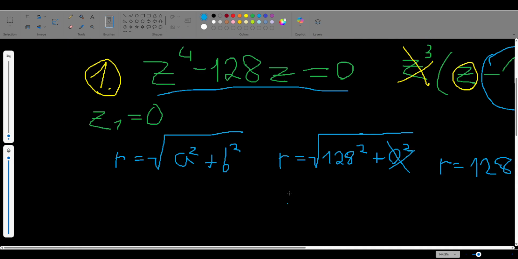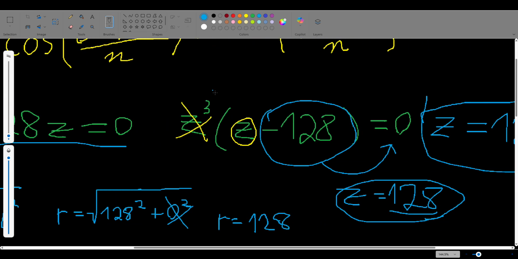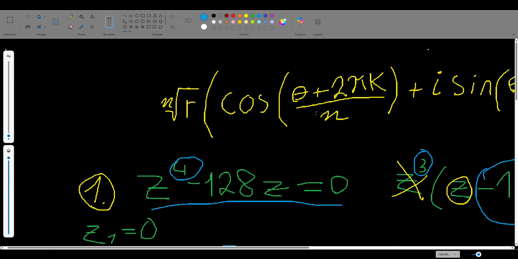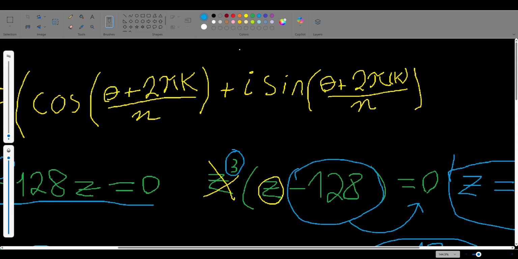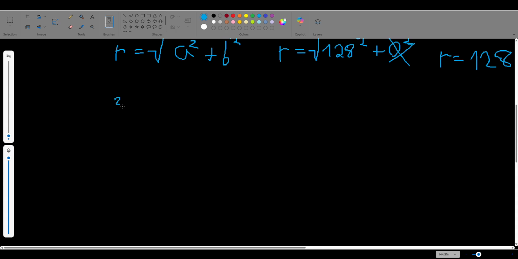And because we factored out this exponent and we got cubed here, our n in our formula, the nth root of r times the cosine of (theta plus 2 pi k), that's going to be 3, not 4.